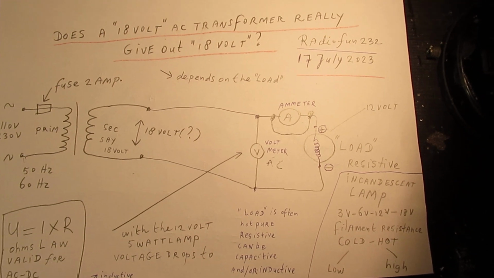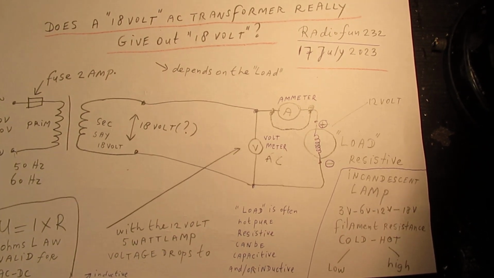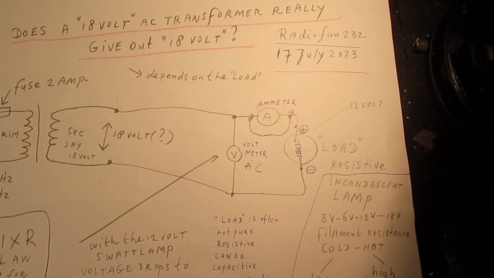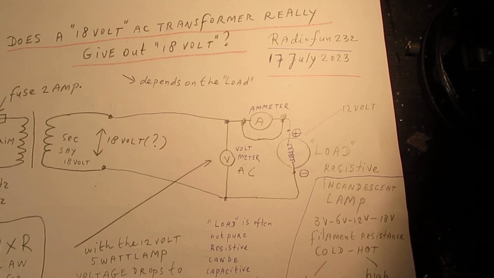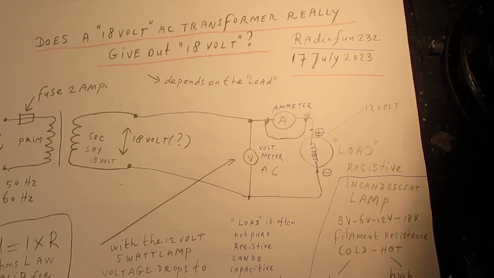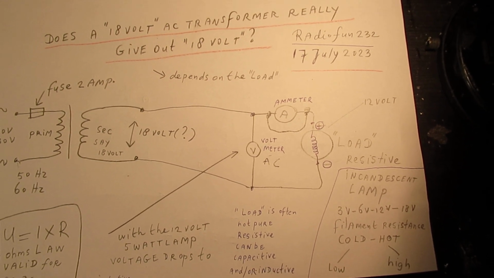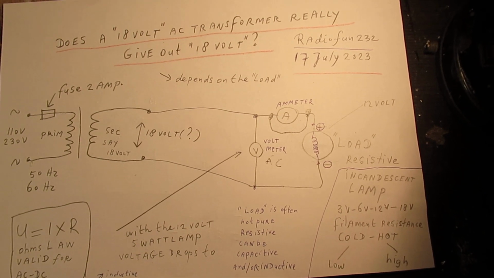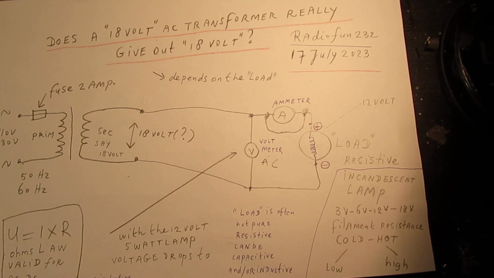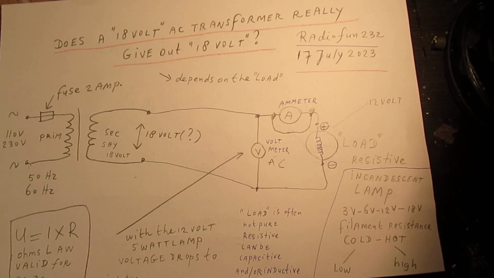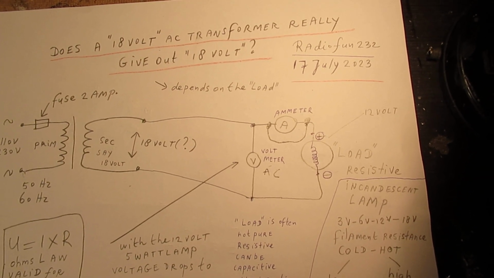The question in this video is: does an AC transformer made for, say, 110 to 130 volts, 50 or 60 Hertz, marked 18 volts, really give out 18 volts?